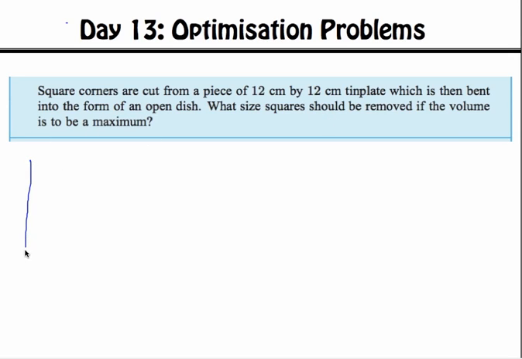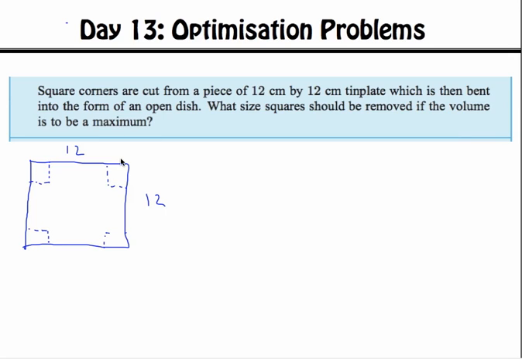So what we have is a square tin plate that's 12 by 12, and we're cutting square corners, and then you can make a 3D open dish after you cut out these corners, and you can fold these sides together and make it like a rectangular prism dish.